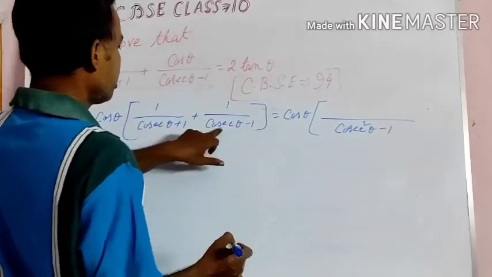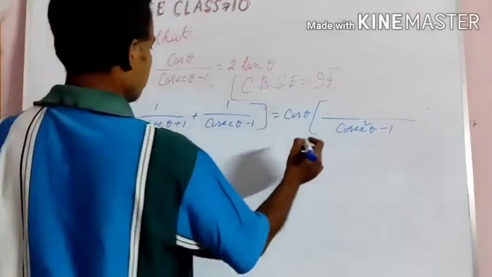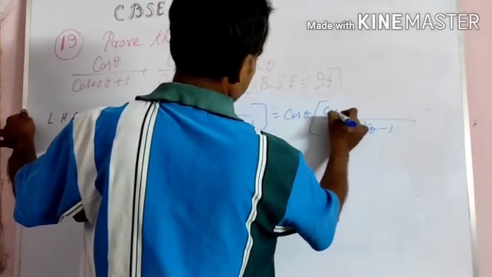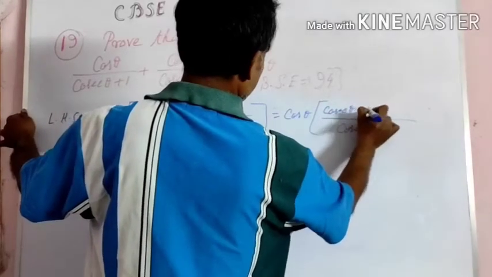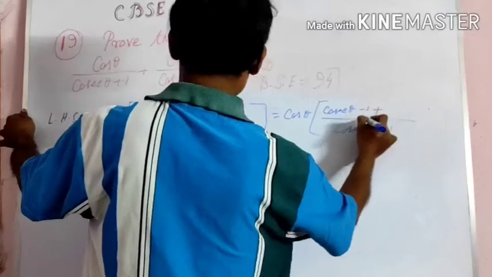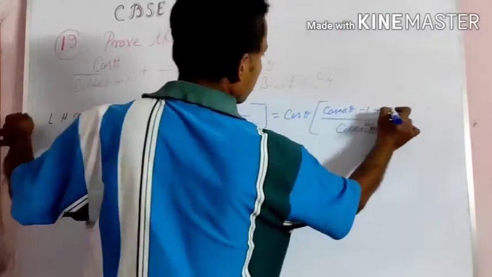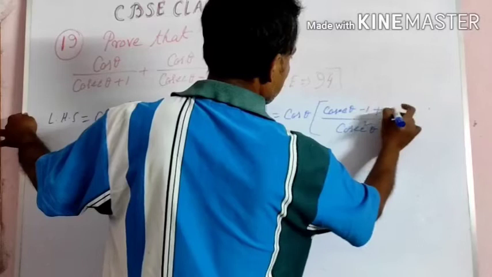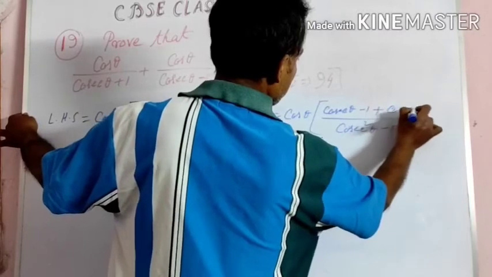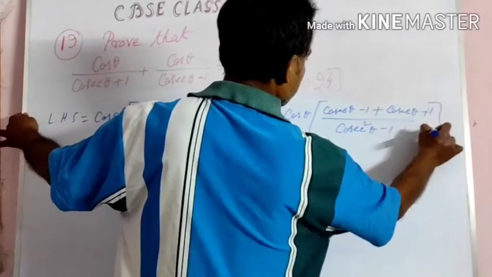When you divide it, here will be cosec theta minus 1 plus cosec theta plus 1.